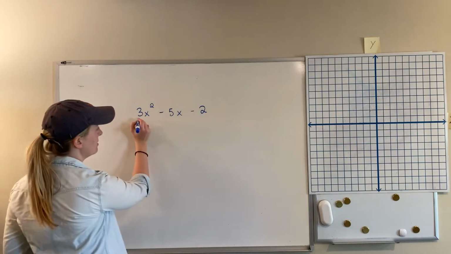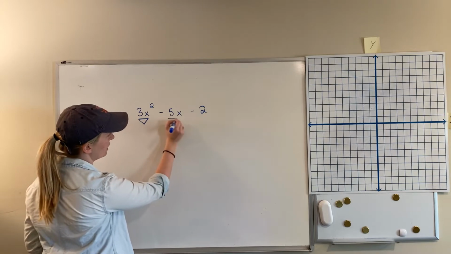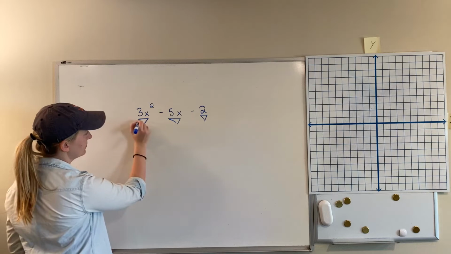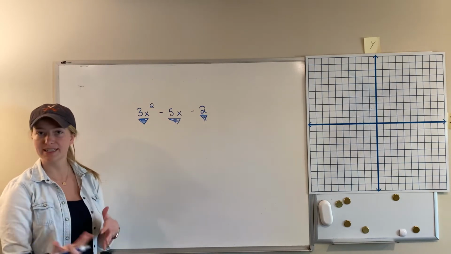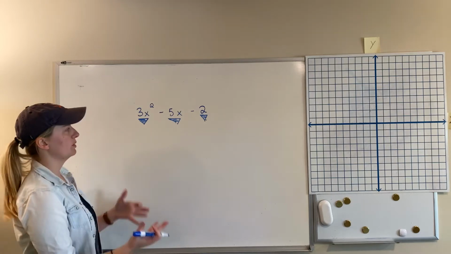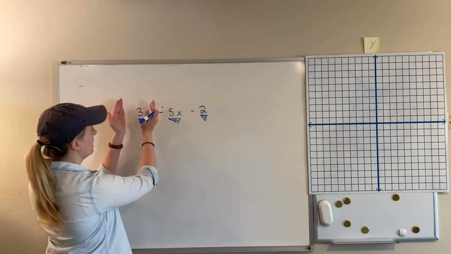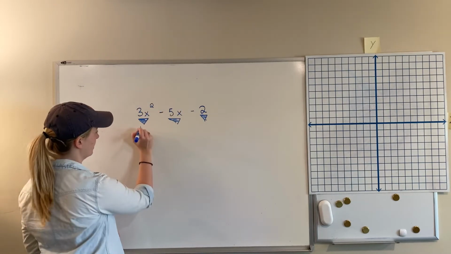A monomial, mono means one, it is just one part of the expression. These are each monomials. Then a polynomial is the sum of multiple monomials. So the entire expression is a polynomial. The individual pieces are monomials, also called terms.